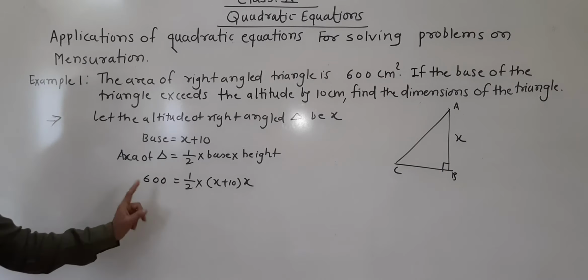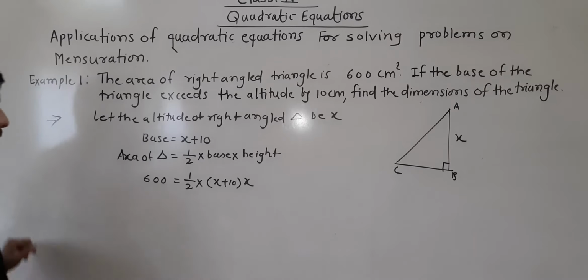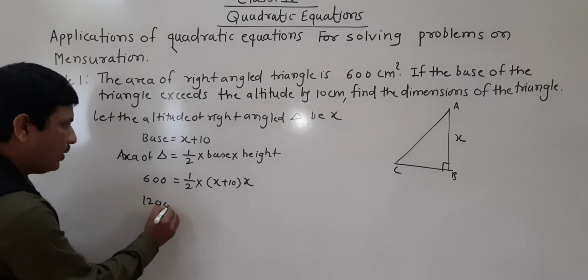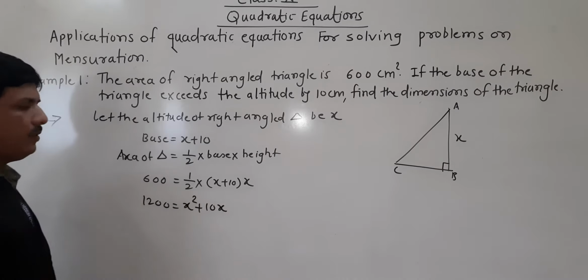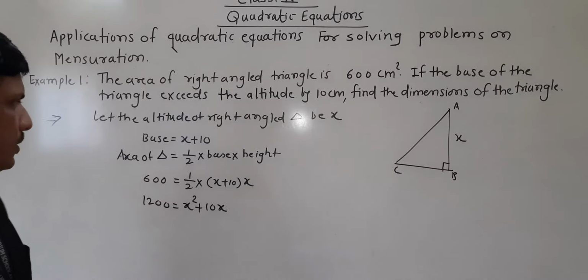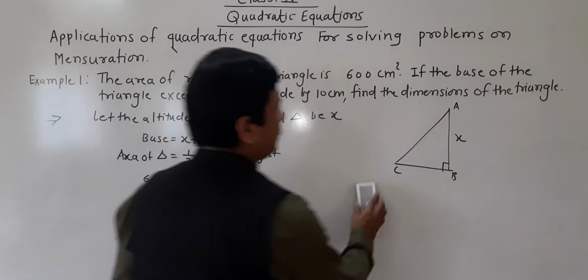Now we will solve this. Multiplying 600 by 2, 1200 is equal to x square plus 10x.